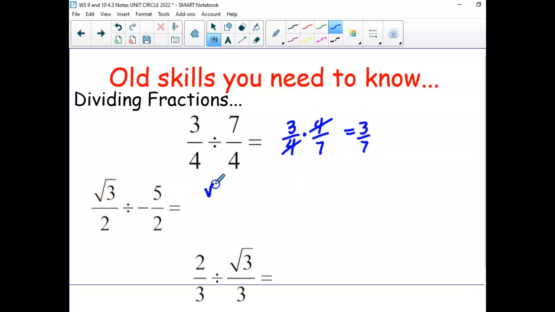Here, when I have a square root of 3 over 2, and I flip that over, you don't need to write this down. What happens is the radical goes away, right? Or the denominator, sorry, cancels. That always happens.